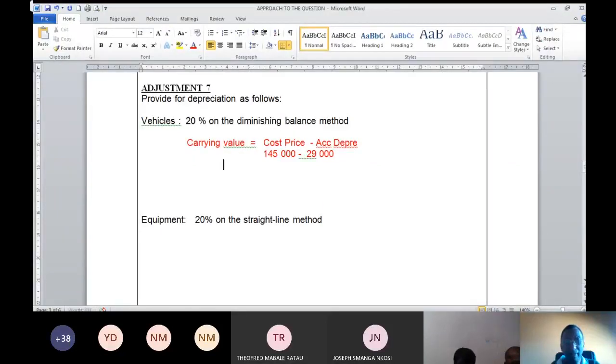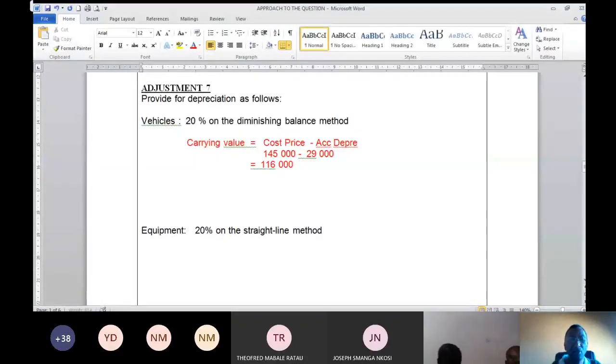So my carrying amount or my carrying value is then 145,000 minus 29,000, and that will give me 116,000 Rand. Remember, with the carrying value method or diminishing balance method, first calculate the carrying value.